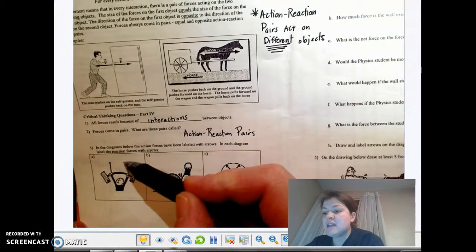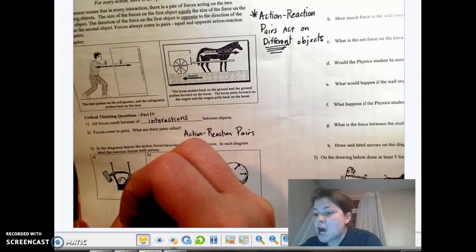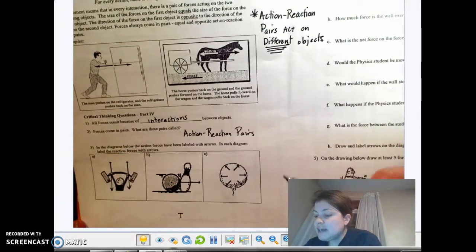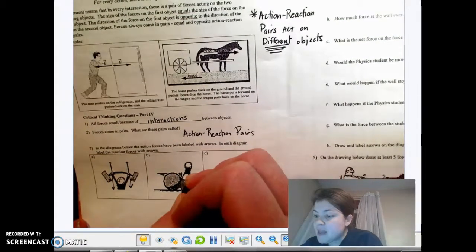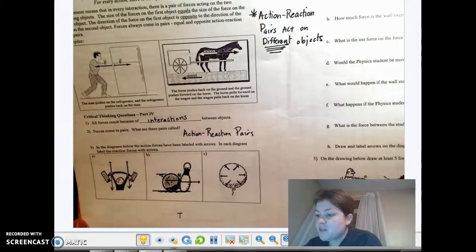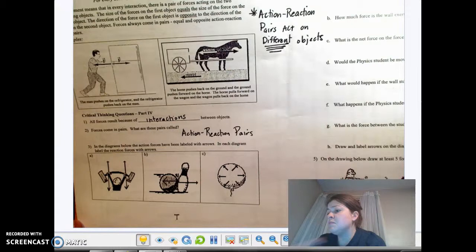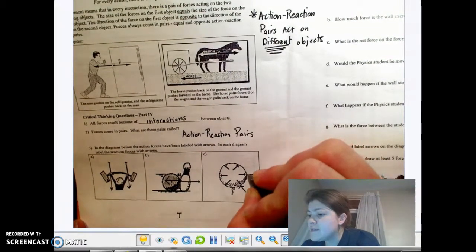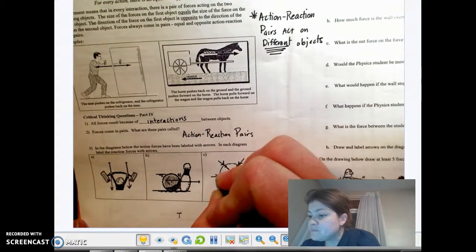Here we have a man pushing up on a bar, and you should have the bar pushing down on the man. Here we have a ball pushing on a pin, and we need to have the pin pushing on the ball. And here we have air pushing on a balloon, and then we should have the balloon pushing on the air.